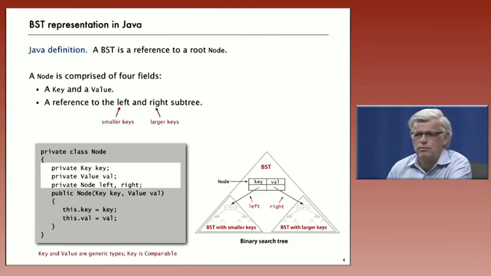For convenience, we'll provide a constructor that takes a key and value as arguments and fills in the key and value instance variables. And then the left and right links are initialized to null. Our data structure then will be a root that points to a node in the tree, and then that node will point to subtrees, and that'll be the data structure that we use for symbol tables.